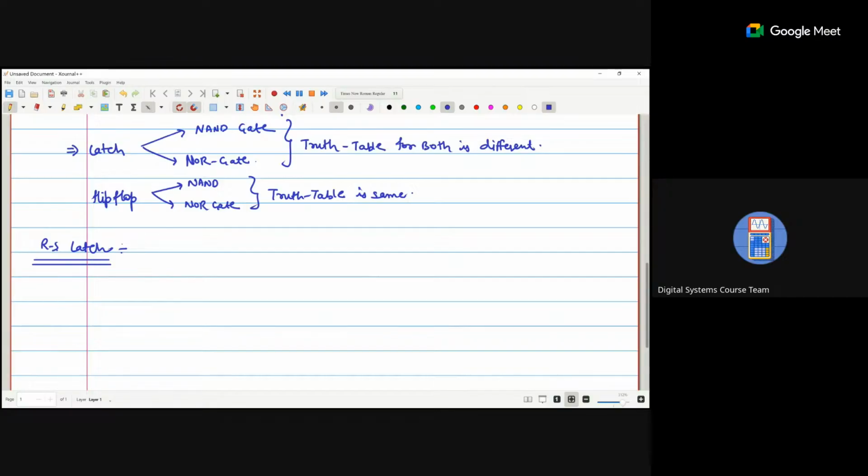So if we are talking about the SR latch, again I say that the latch will be implemented with the help of NAND and NOR gates.